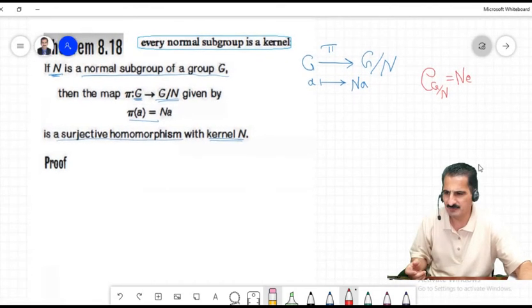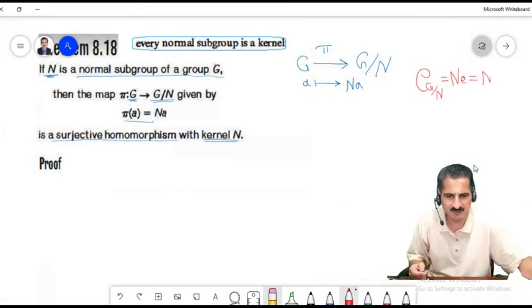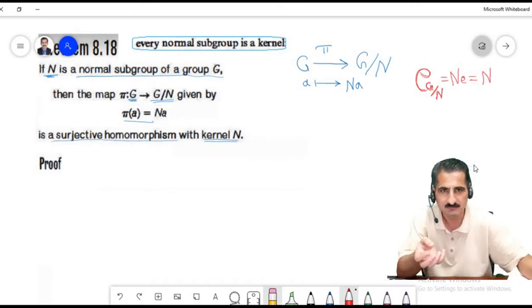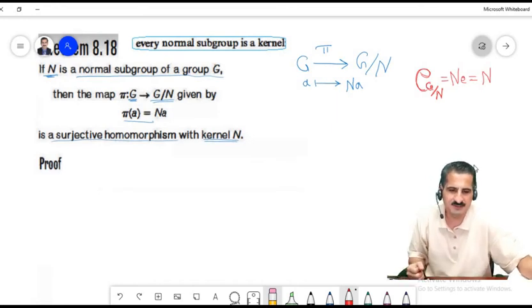We know that the identity of the group G factor N, as we have seen before, is N itself, the coset of N with respect to e. Remember that we will need it later when we go to rings and ideals. The factor group consists of cosets, the elements in there are cosets. So the identity is one of them. Which coset is it? It is N itself.